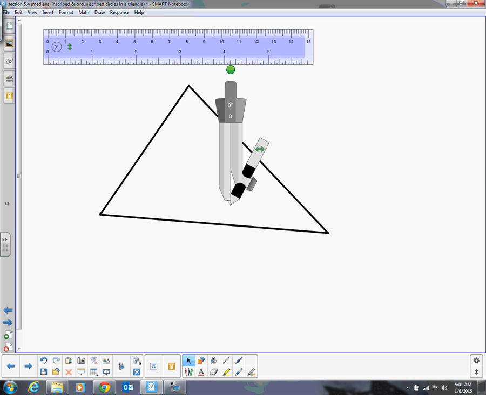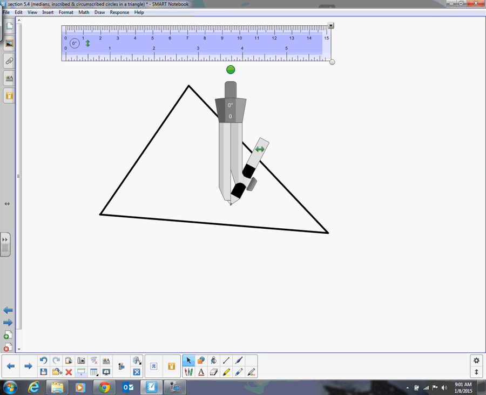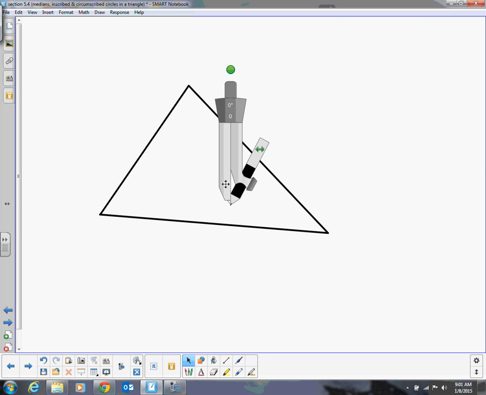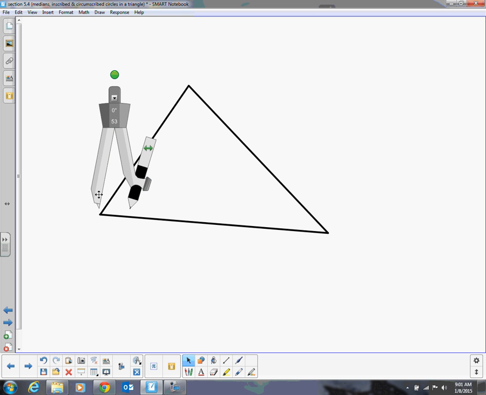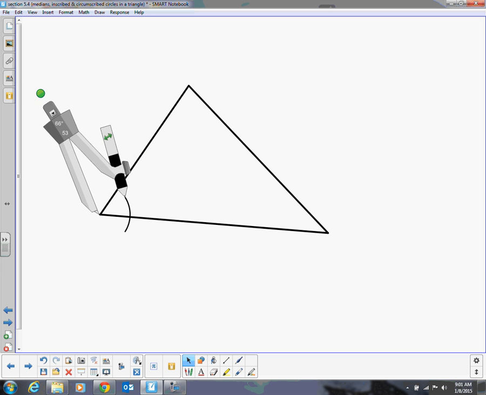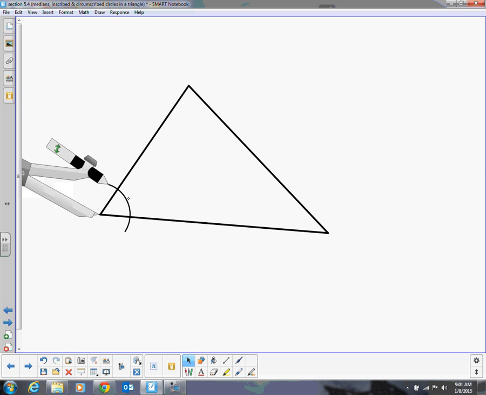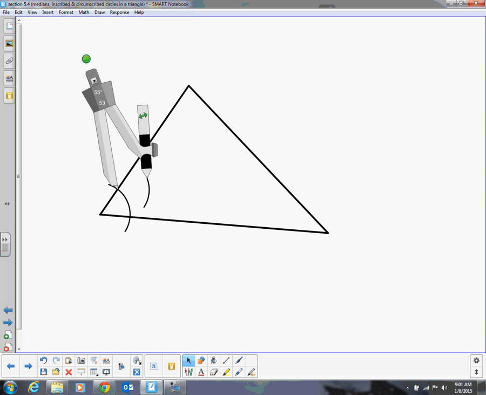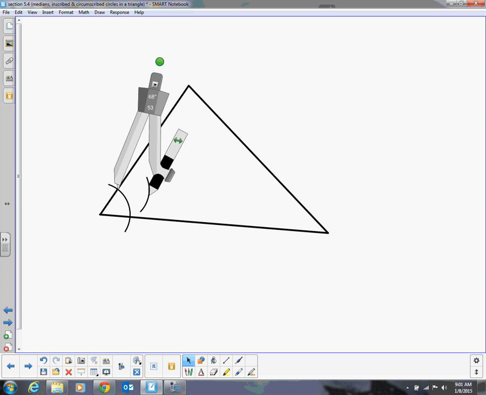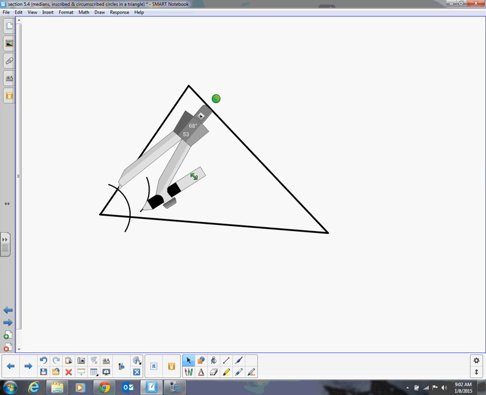All right. So the first step we're going to do, and I'm going to get rid of that because I've got my line tool, is I need to bisect two angles. So if you recall, to bisect an angle, we put our compass point on a vertex, and you can use any opening you want, and then we draw an arc that intersects both sides. Then we're going to bring our compass to one point of intersection, and we're going to do an arc, keeping this same opening.